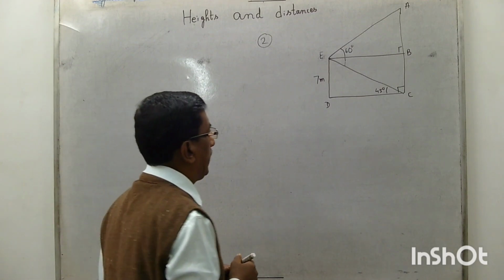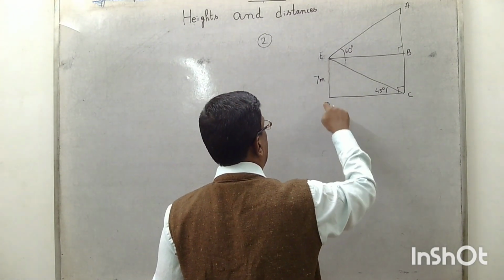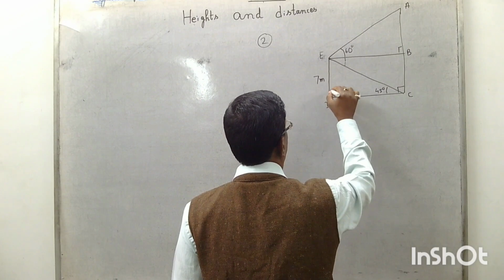At first I will take this CDE. This is a right angle triangle.